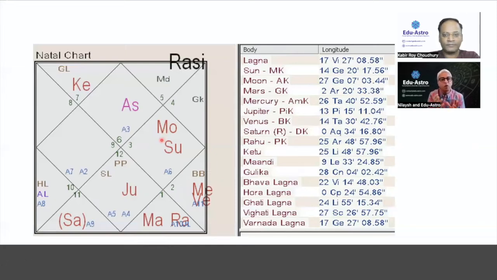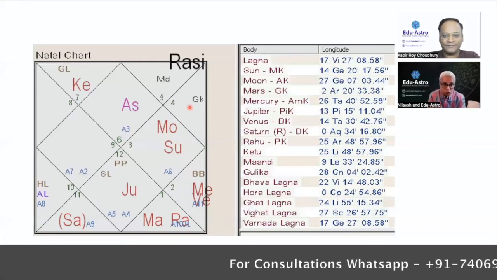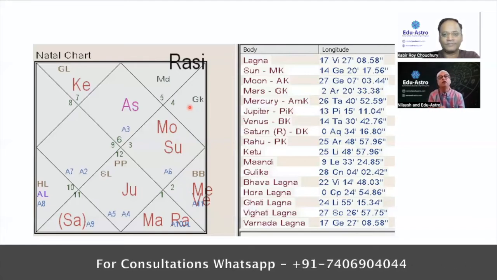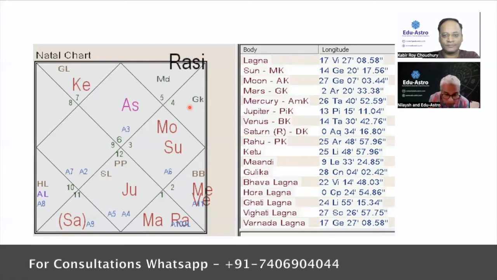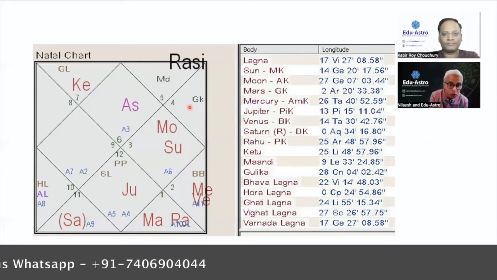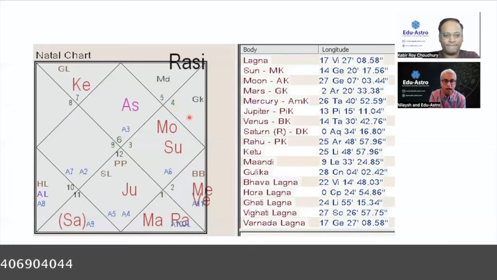He always wants to approach people, because moon is the 11th lord. 11th lord is what? Networking, social. 11th lord is friends. You can say the 11th lord is elder brother also. So he's always going to speak to his networks.